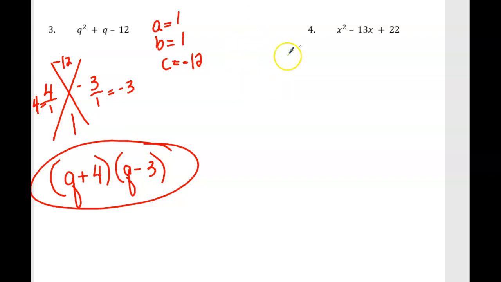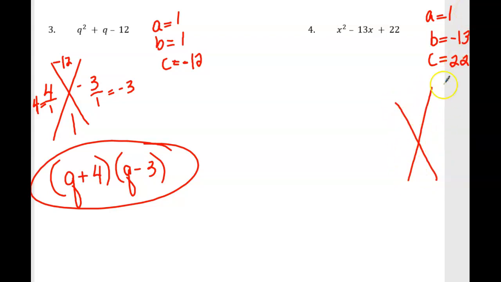Number 4, I identify my A is 1, my B is negative 13, and my C is 22. Now remember, with all of these examples, the first thing I'm doing is factoring out the greatest common factor, but there haven't been any. So I've got my A, my B, and my C. I'm going to make my X, and A times C is 22, so that would go up top, and negative 13 would go at the bottom.